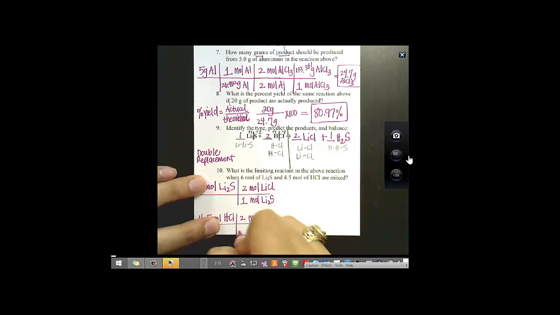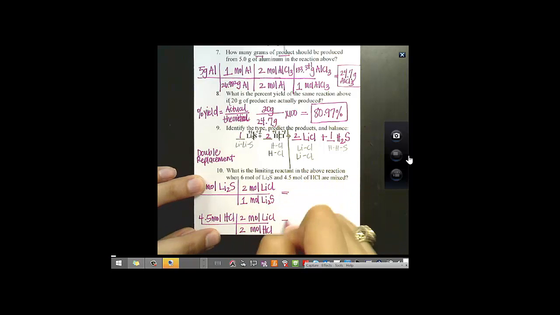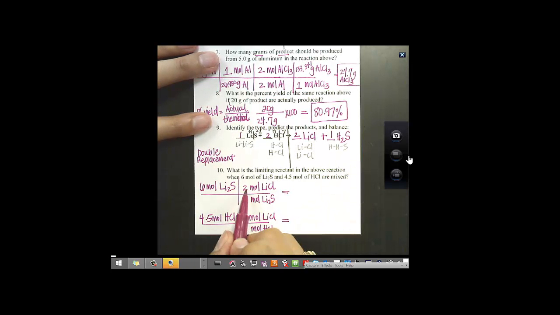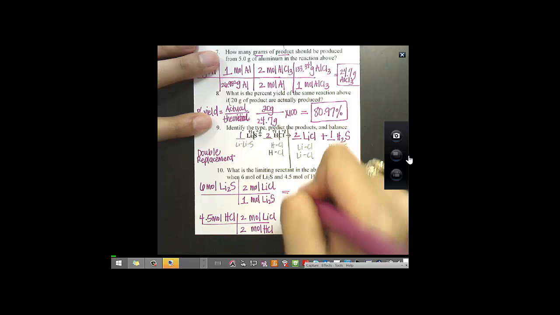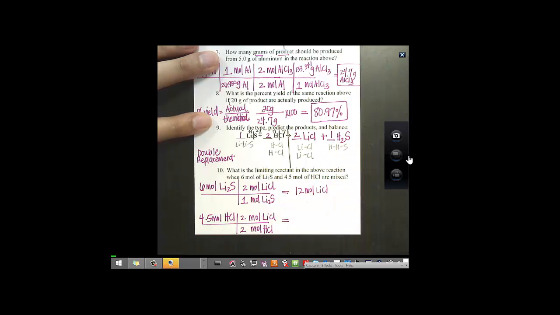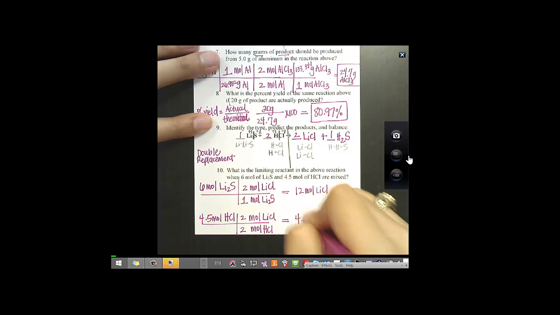And the coefficient for HCl, hydrochloric acid, is also 2. So 6 times 2 divided by 1 is 12 moles of lithium chloride. 4.5 times 2 is 9, but divided by 2 just stays 4.5.